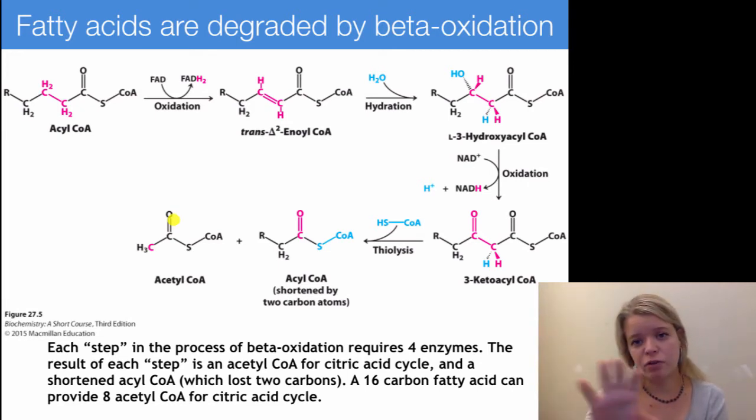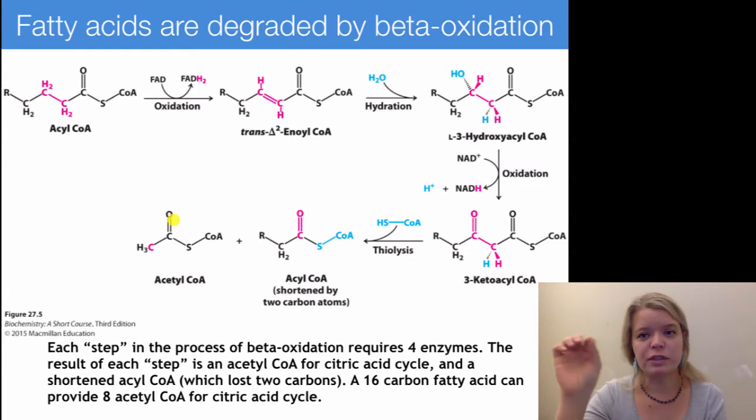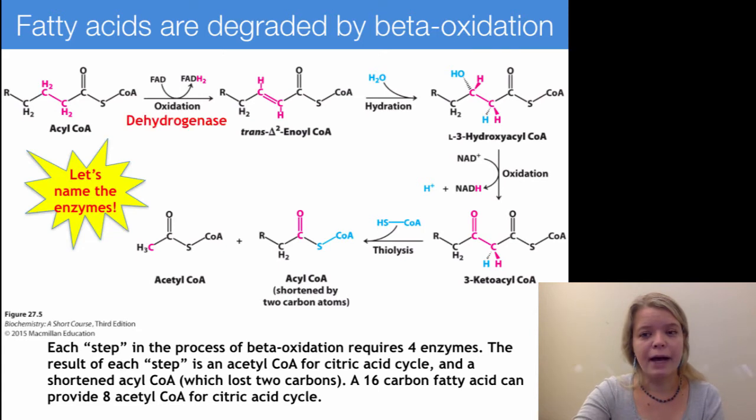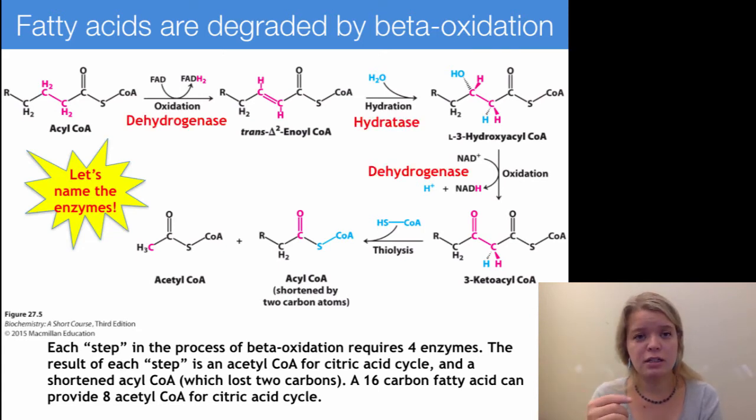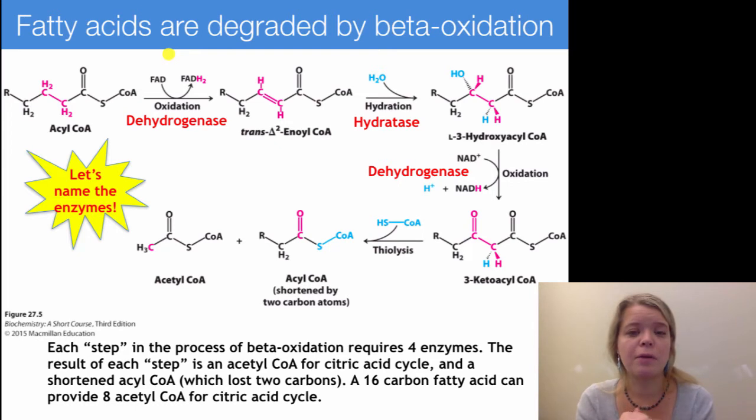I have another slide following this one where we're going to go through this in greater detail, but right now I wanted to discuss the enzymes and the enzyme names. What I want to point out here is that there are 2 oxidation steps catalyzed by dehydrogenases, and these dehydrogenases, which are enzymes that catalyze redox reactions, in the first step convert FAD to FADH2, which can be used in the electron transport chain.